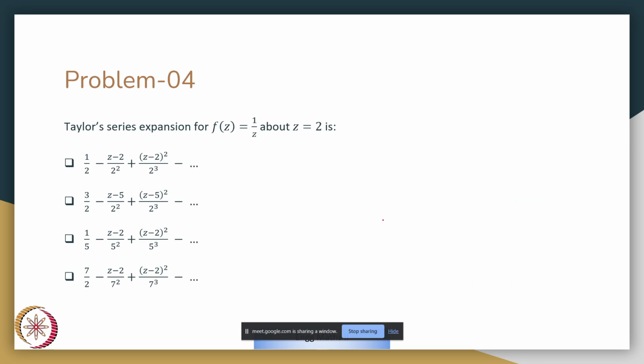We now move to the fourth problem. We are asked about the Taylor series expansion of f of z equal to 1 by z, about z equal to 2.